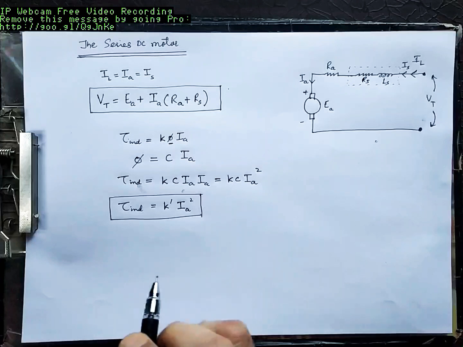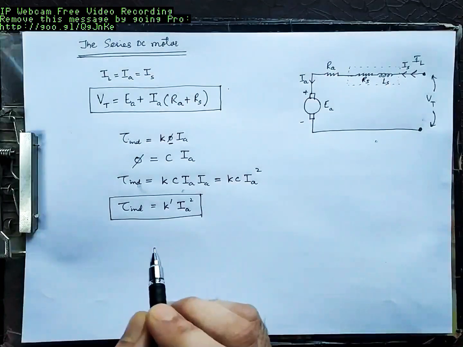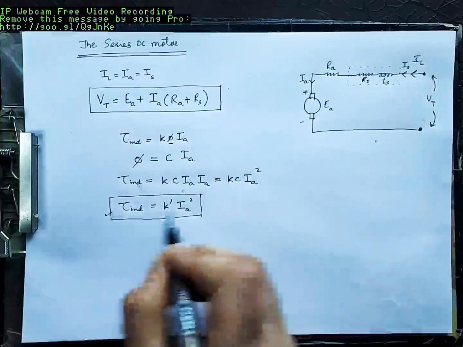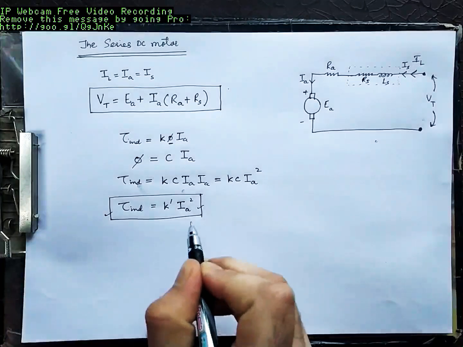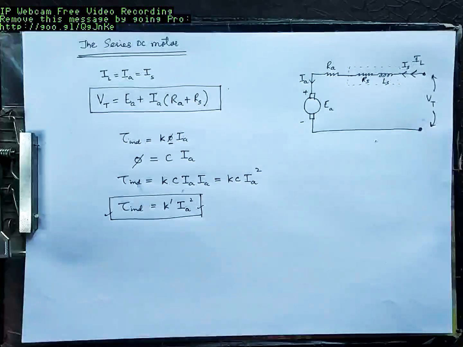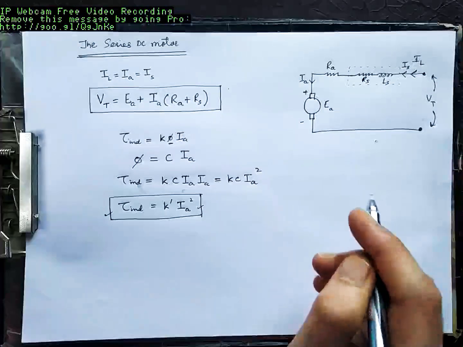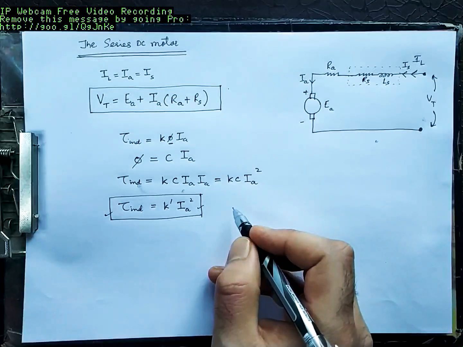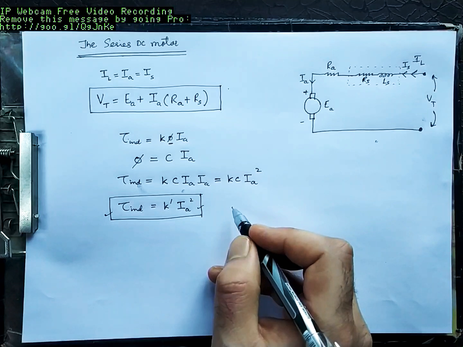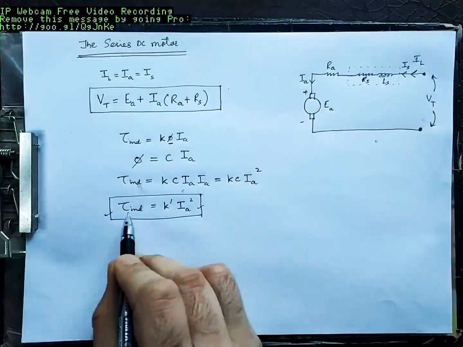This is the reason the series DC motor has the highest torque per ampere of current. I will repeat: the series DC motor has the highest torque per ampere of current of any other DC motor. This is why it is used in applications that require very high torques.